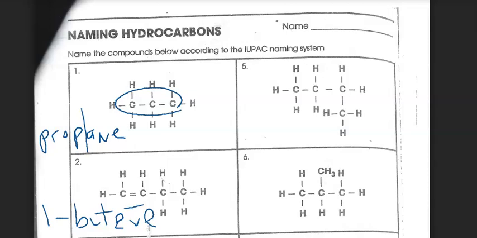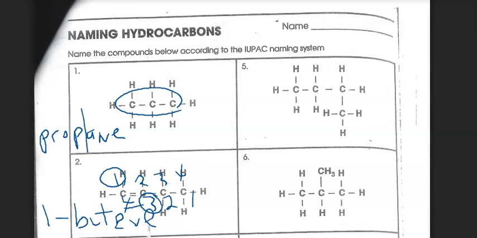Now, when you count the longest chain, you have to count it from left to right and right to left. In other words, 1, 2, 3, 4, or 1, 2, 3, 4. Wherever the double bond starts, that's where the number comes in. So the number 1 is less than the number 3, counting it from right to left. So this is 1-butene.